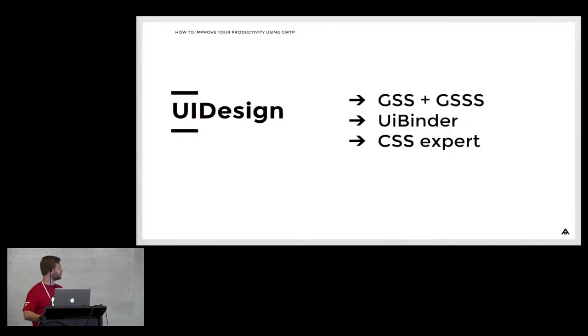So let's go to UI design. We wanted to improve our productivity, and CSS was one of the problems that we had. It was giving us a hard time each time that we wanted to play in that ground. And we didn't have best practices or things like this for GSS or GSSS.